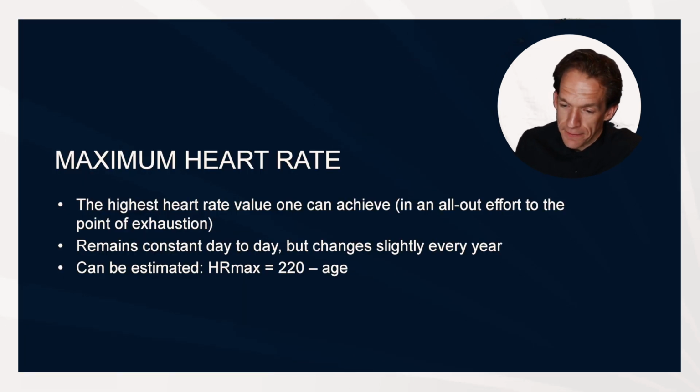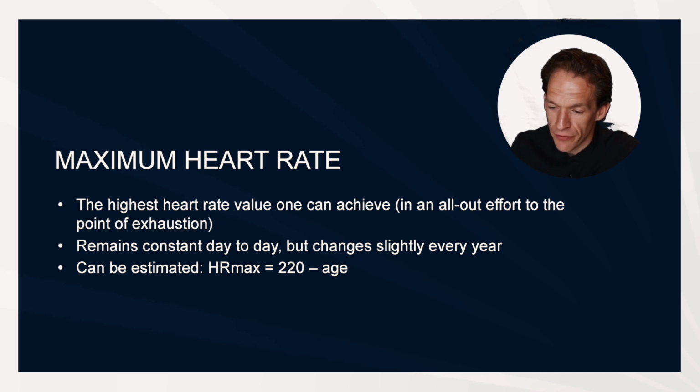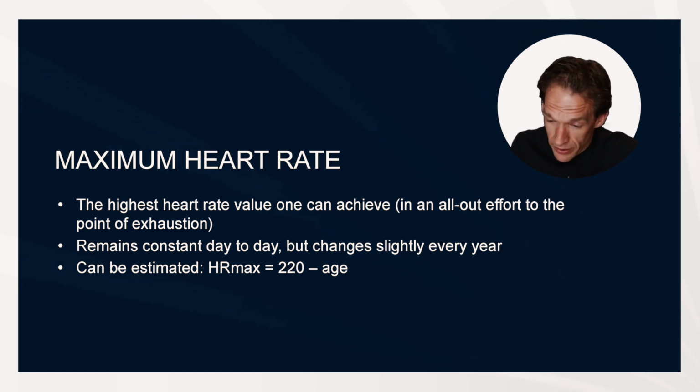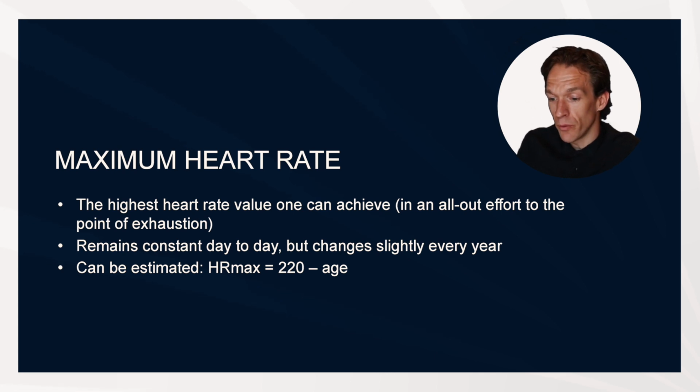So what can be trained? Well, if you look at the heart rate, then we often use this very simple rule if we don't really have a true maximum heart rate measured. And although we're always wrong if we do this age estimation, if you do not have a maximal exercise test, then this might be the only way to go.